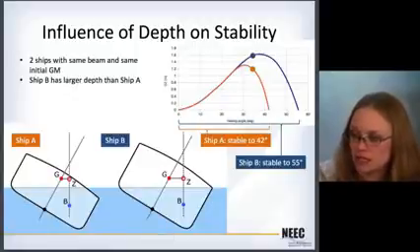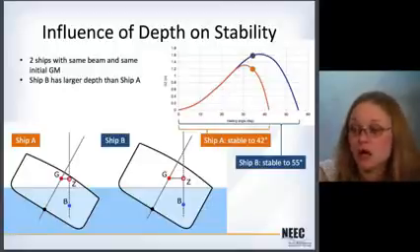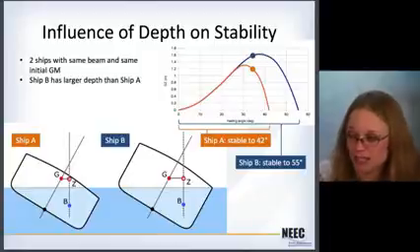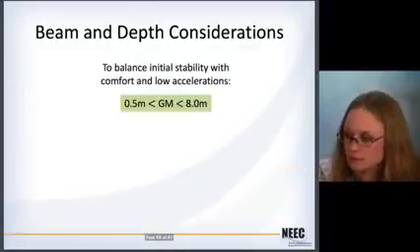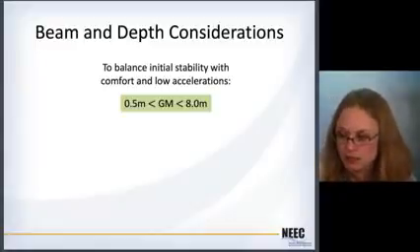The result is that ship A has a shorter range of stability. It only goes up to 42 degrees, whereas ship B, because of its higher depth, can actually get up to 55 degrees.